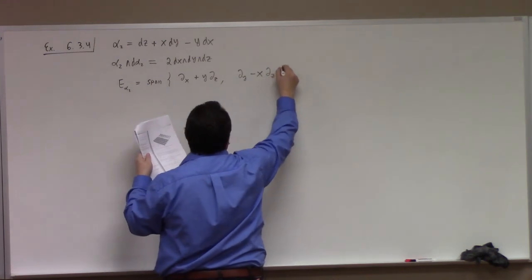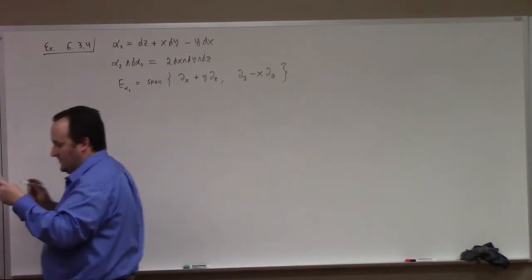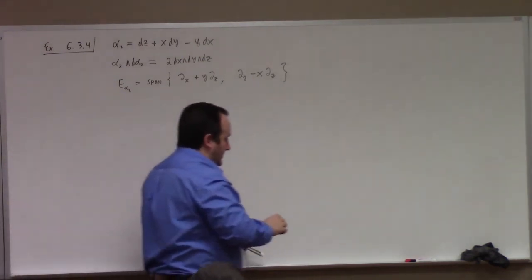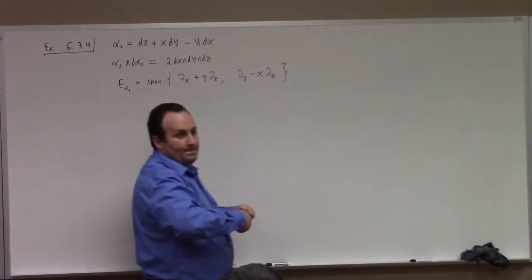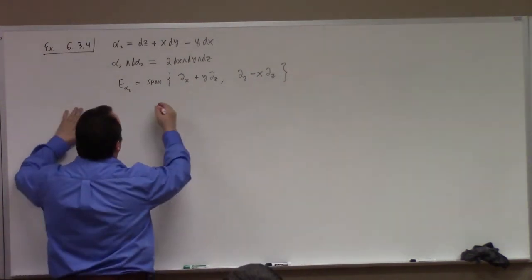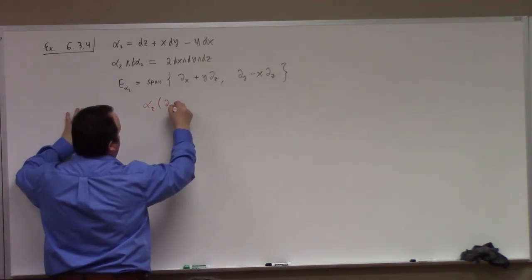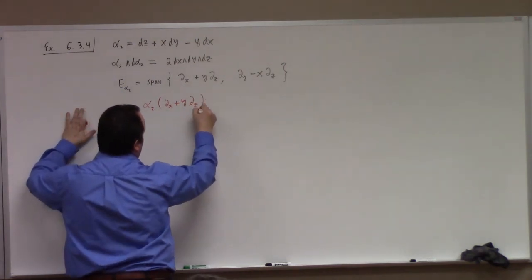Of course, it's easy enough to check if his answer's right. Right, guys? How can we check if he's right or not? If we let alpha 2 act on partial x plus y partial z, how does that go?